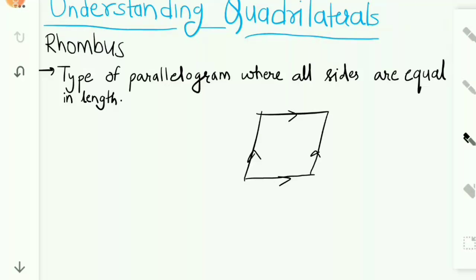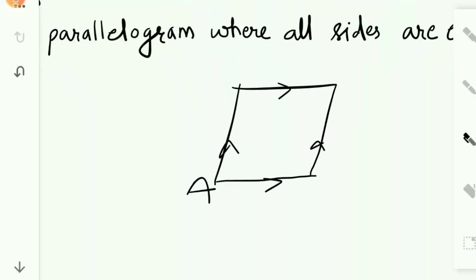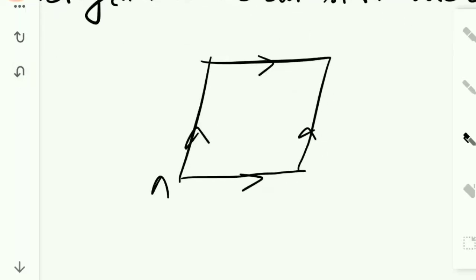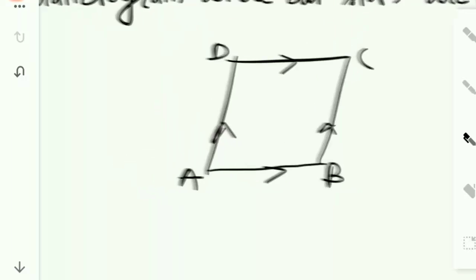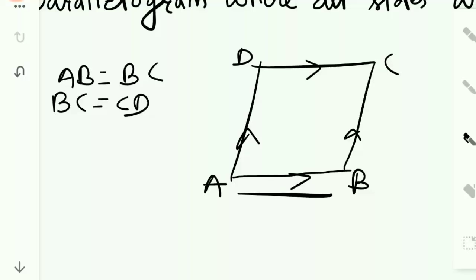So what we have learnt is, if this is ABCD, then for a rhombus, AB equal to BC, BC equal to CD. These two statements are enough. Adjacent sides are equal.